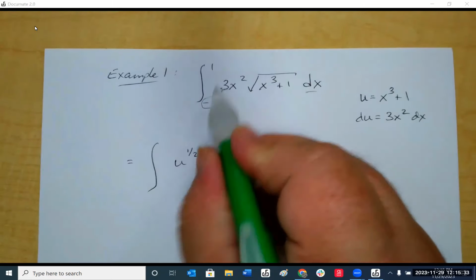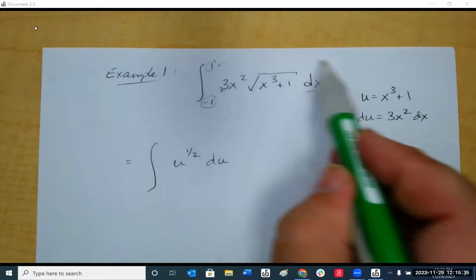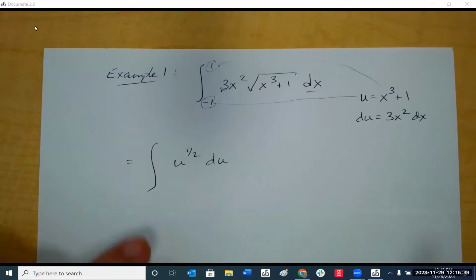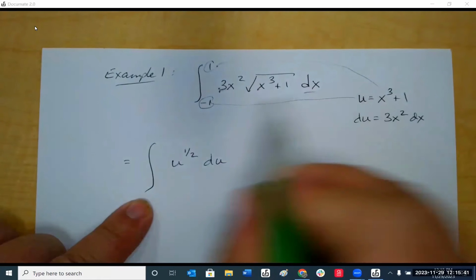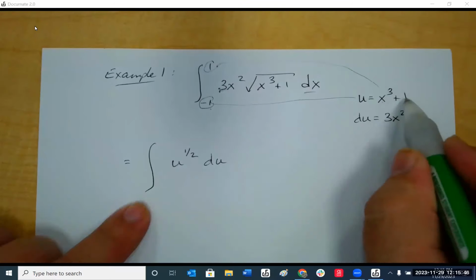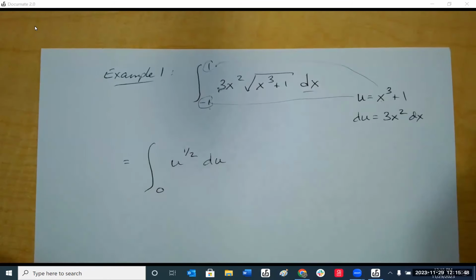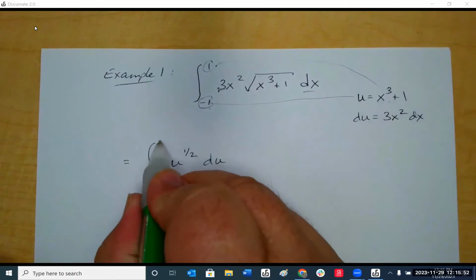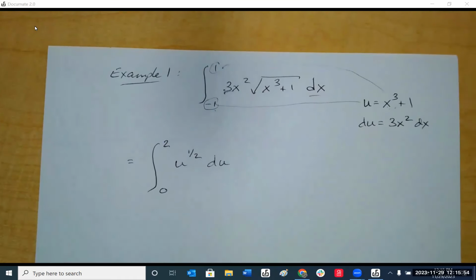Now I have to change the bounds of integration. Plug those in. So when x is -1, -1 cubed is -1 plus 1 is 0. 1 cubed is 1 plus 1 is 2. So my new bounds of integration are those.